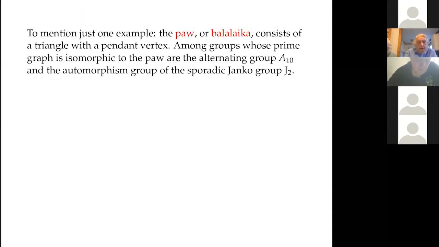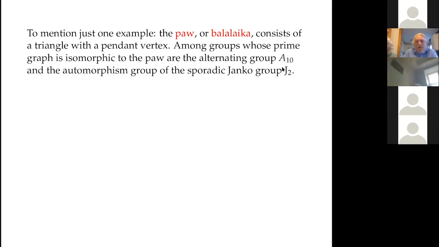So here's an example. Now, I understand that this particular graph in Ekaterinburg, they call it the paw, but in Novosibirsk, it's the balalaika. It's a triangle with a pendant vertex. So there are groups that have that as their Gruenberg-Kegel graph.